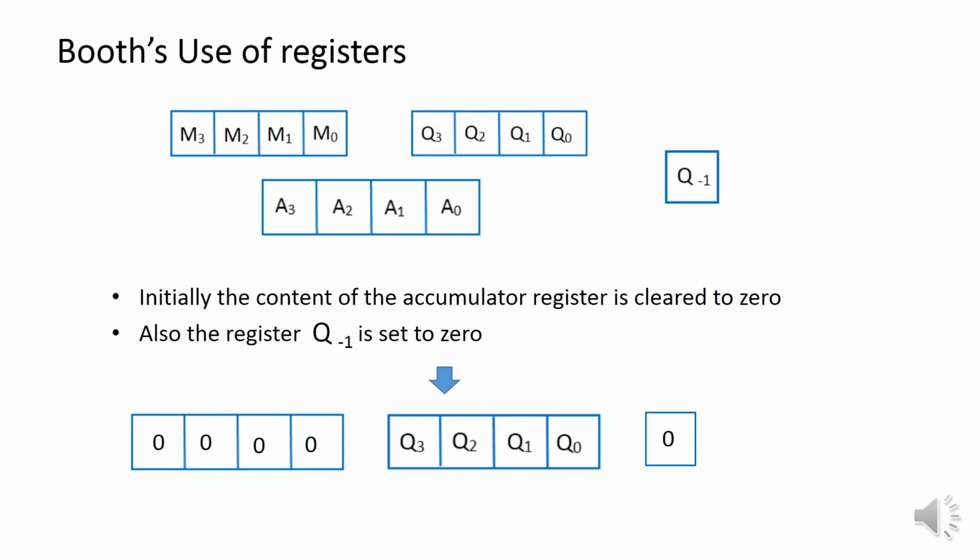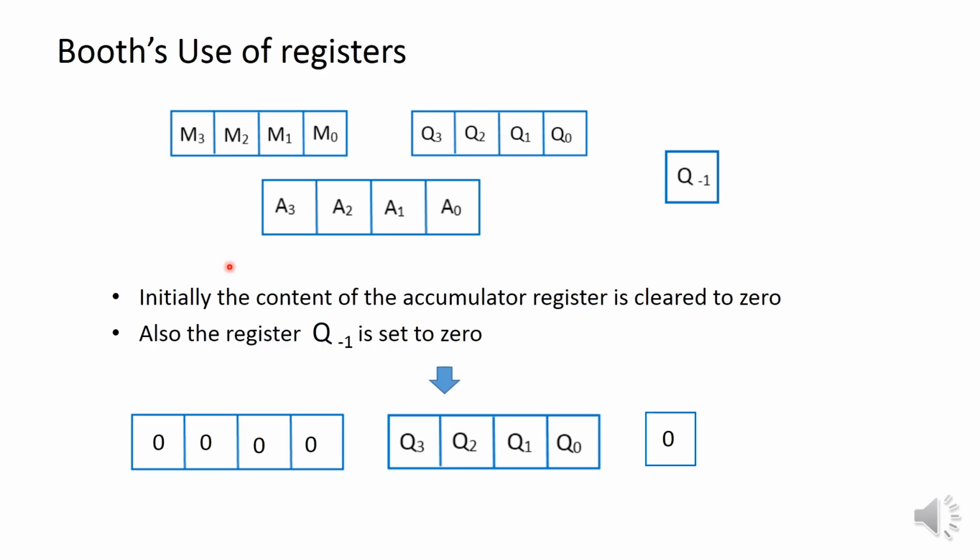To implement this method, the following registers are used: multiplicand, multiplier, and accumulator. The accumulator register is the temporary storage where the successive partial products are accumulated and combined to form the final product.